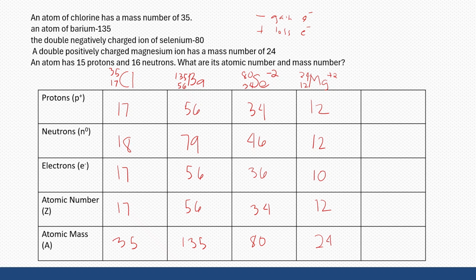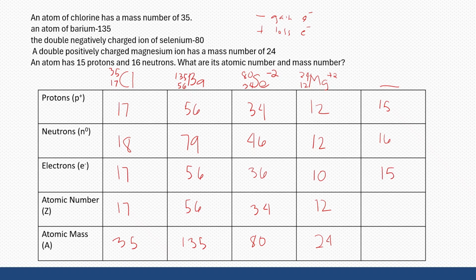And for the last one, it's stated here that an atom, so the atom is unknown, right? It has 15 protons and 16 neutrons. Okay? What are its atomic number and mass number? Since it is stated that it is an atom, atoms have the same number of protons and electrons.